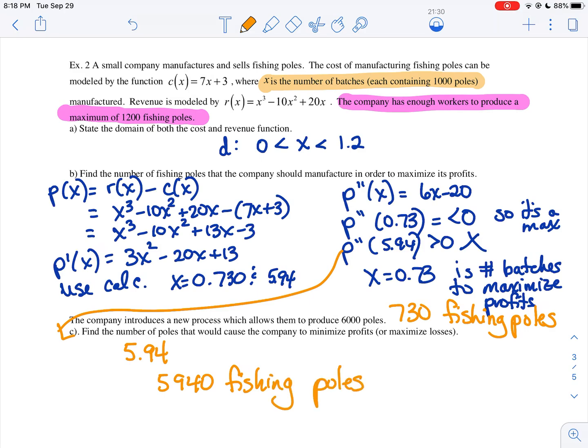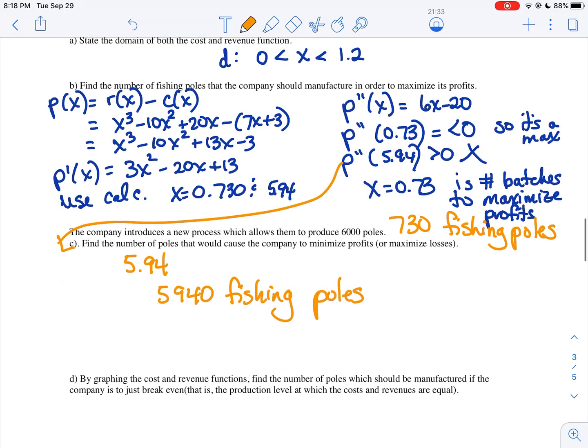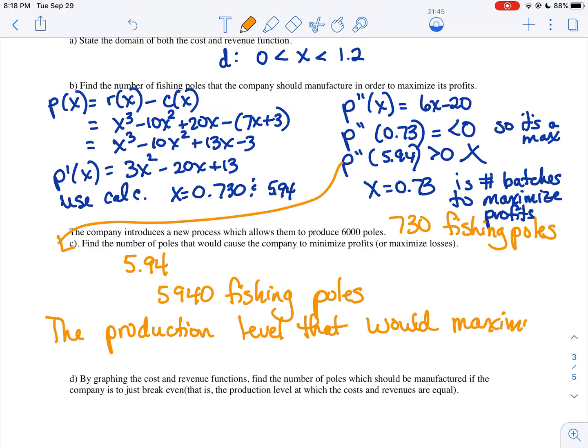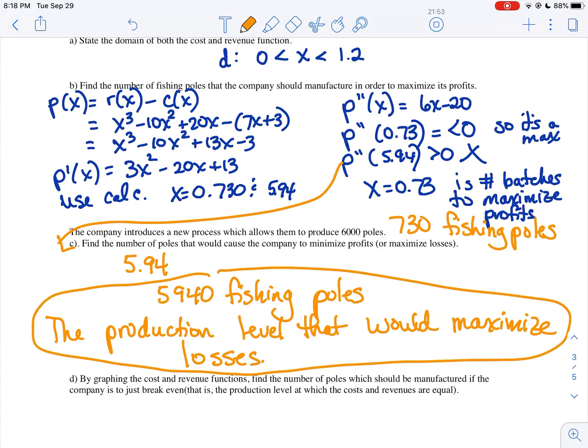We already did the work up above. So the production level that would maximize the losses would be the 5,940 fishing poles. So sometimes, even though you can produce 6,000 poles, at some point maybe you start losing money.